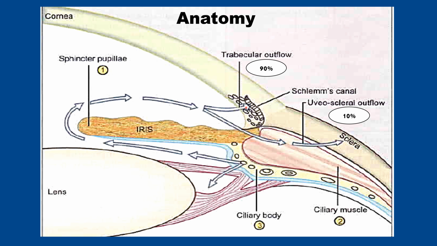That is the normal pressure created by the trabecular meshwork. Apart from this, we also have the canal of Schlemm and sclera, which come under the anatomy of the eye involved in glaucoma.